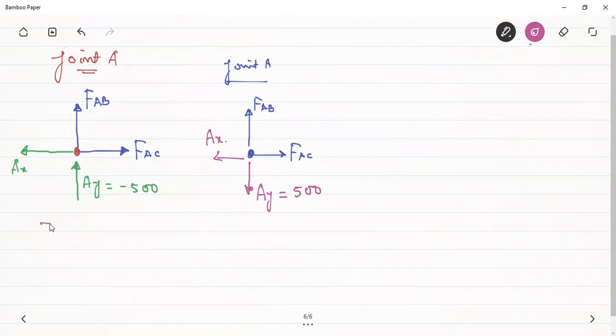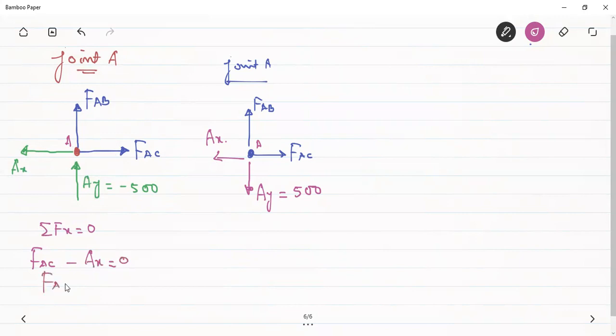So summation of the forces in the x direction should be equal to 0. At a joint, we can use only two equations, forces in the x and y direction, because it is not a rigid body. This is joint A again. Force in the positive x direction is FAC, and in the negative direction it is AX. So this has to be 0.